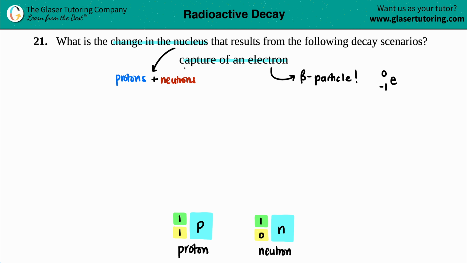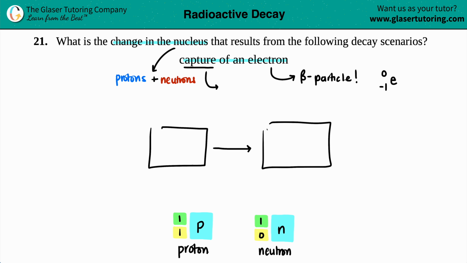Now, we're going to capture that electron. And if you capture something, you ain't letting it go, right? This question is probably easiest to answer if we talk about it in terms of a balanced equation. If we are capturing an electron and you're not letting it go, you've got two sides: a reactant and a product side.